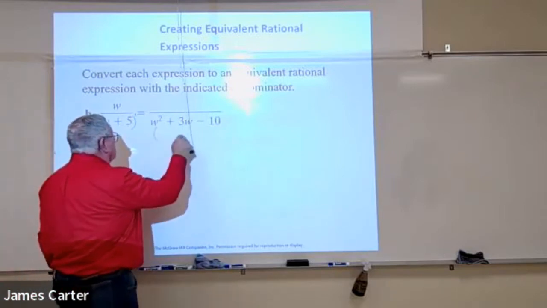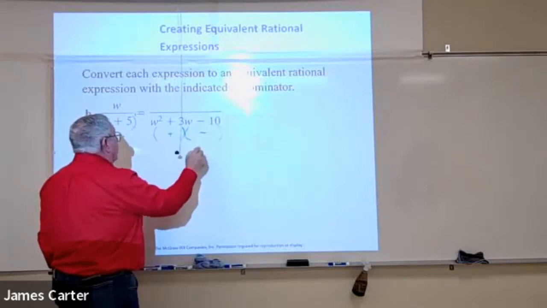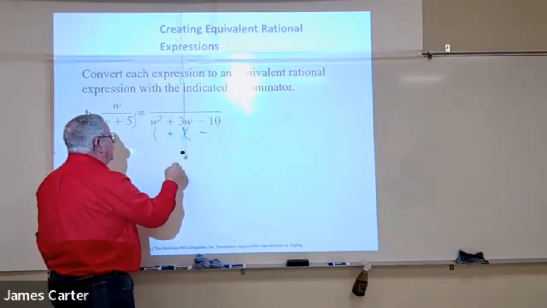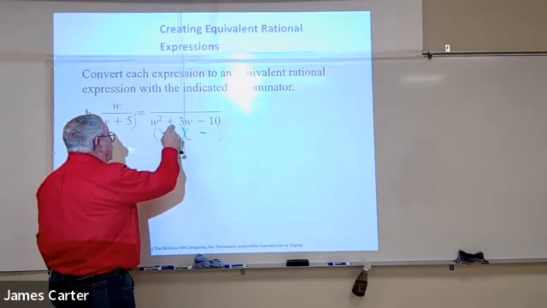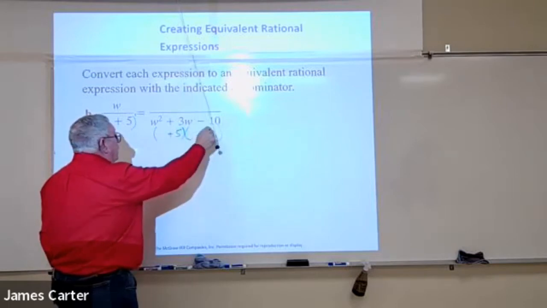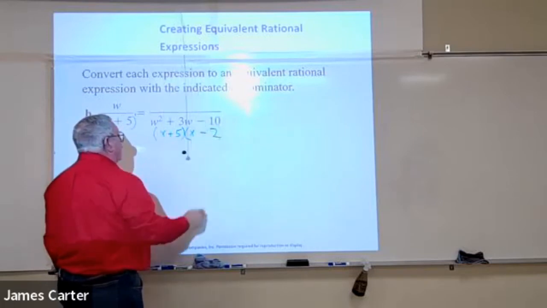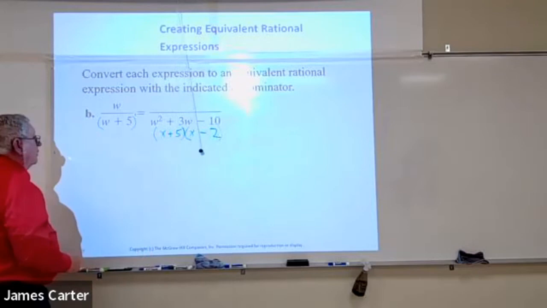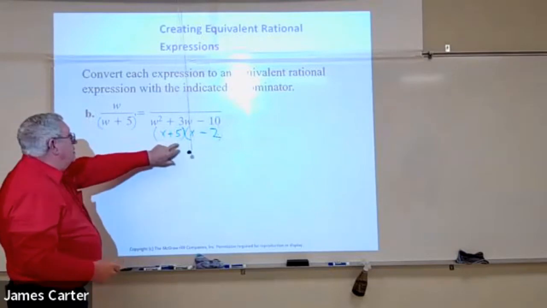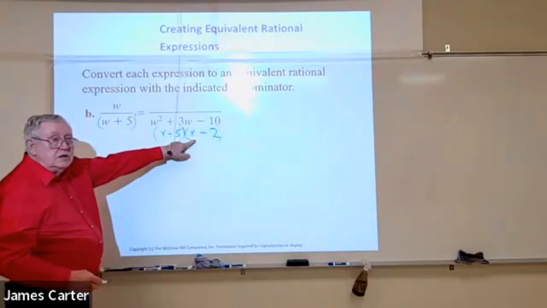If I factor this, I get one's a plus, one's a minus, 5 and 2, subtract to get 3, and the 5 has to be the plus because of that. Oops, 2, not 3. Okay, so that factors into that. What is this fraction missing that that fraction has? Well, it's missing the x minus 2.